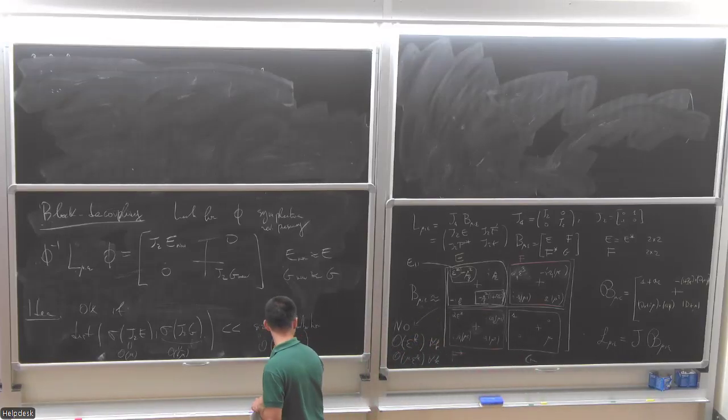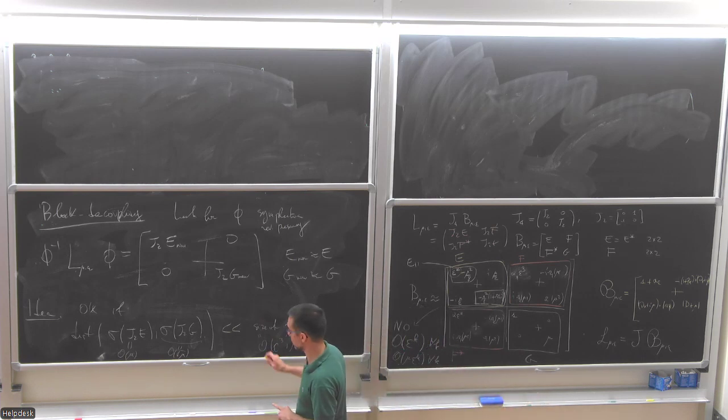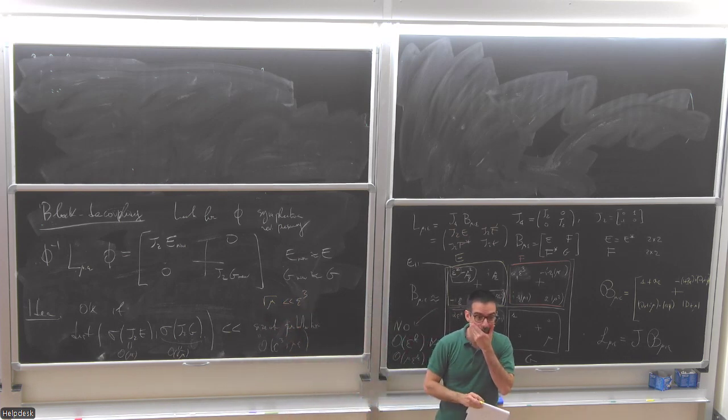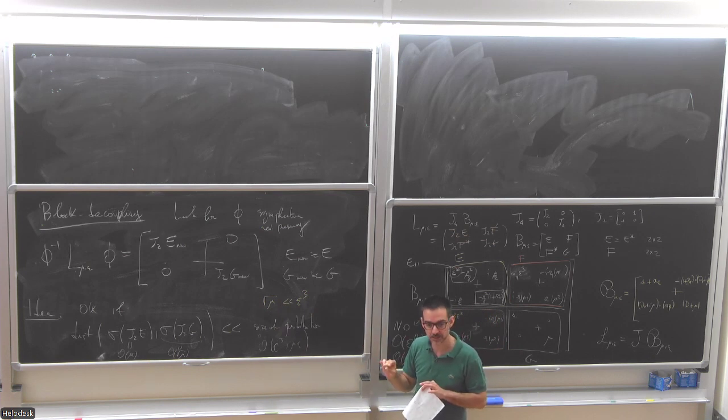And so, well, this tells you that you want a square root of mu much smaller than epsilon to the cube, but this is not good for us. Because this would link mu and epsilon. Instead, we want them to be independent.